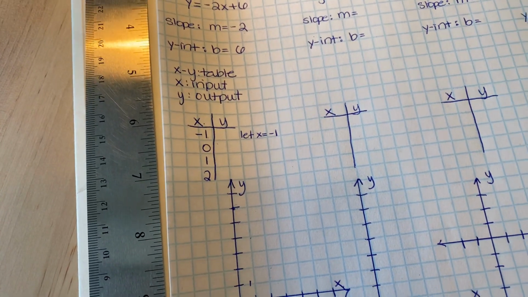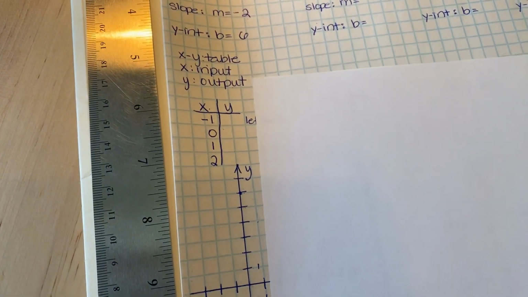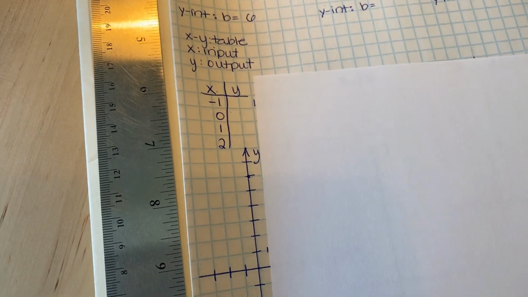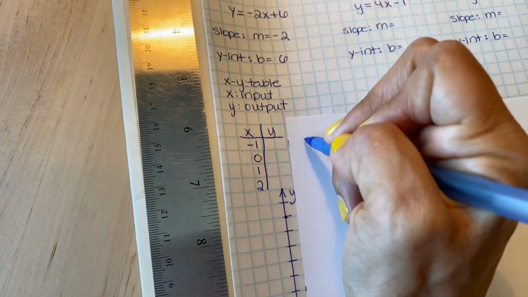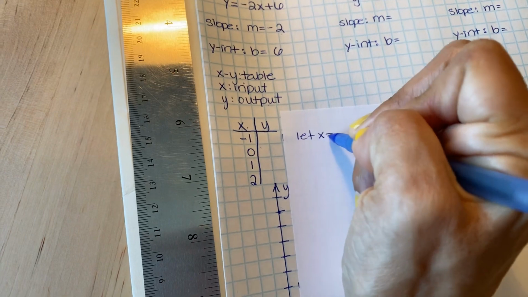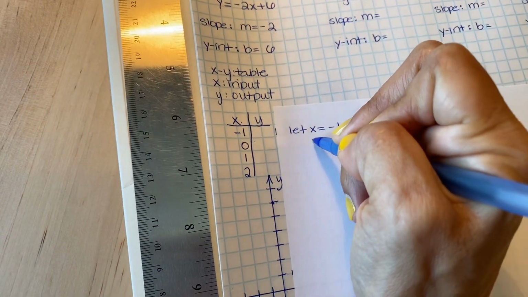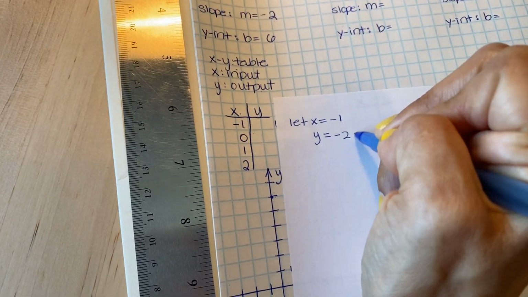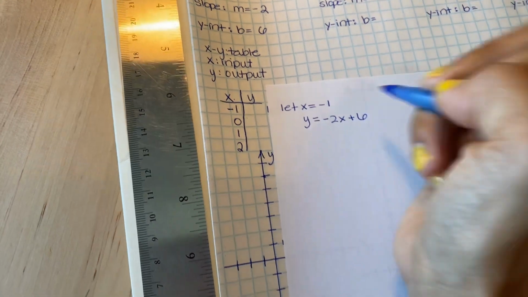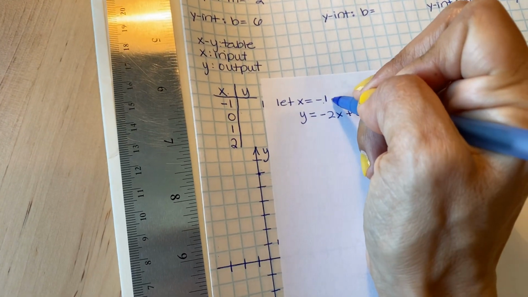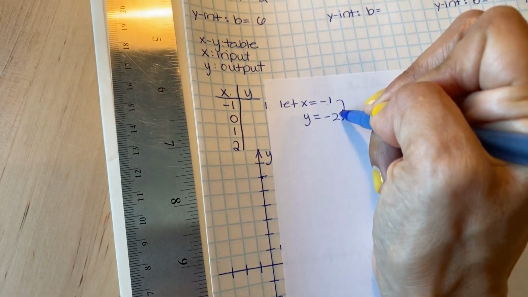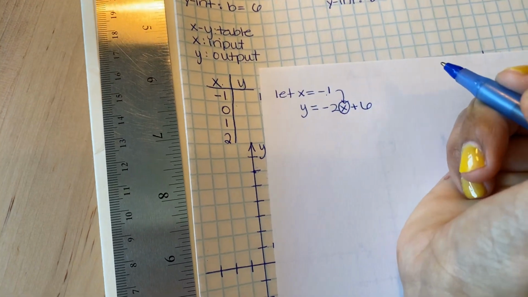Let's do this and make it nice and neat. So we are going to let x equal -1. If this is the given linear equation, I'm going to take that -1 and substitute it into this x variable.